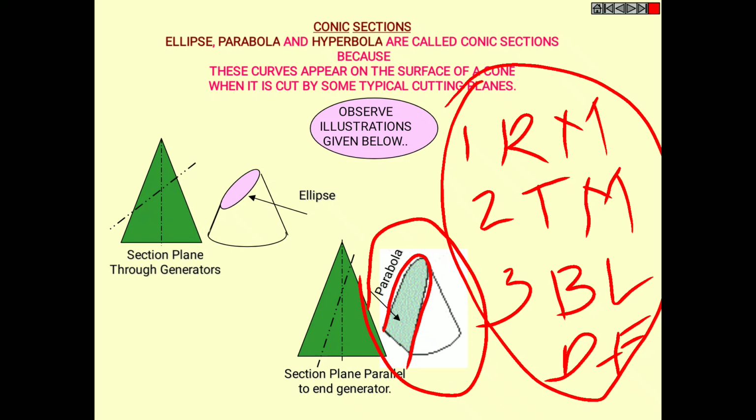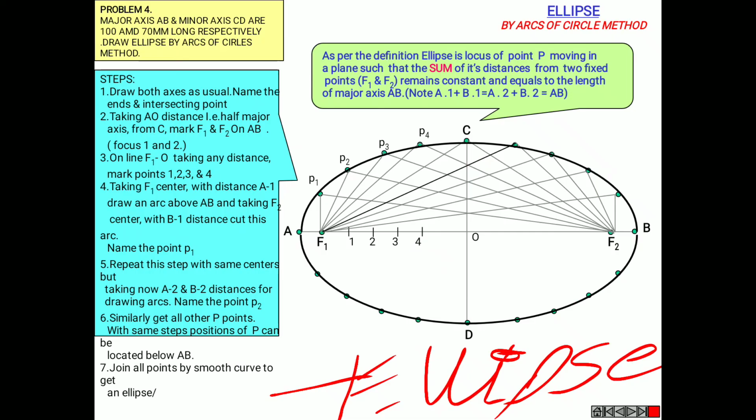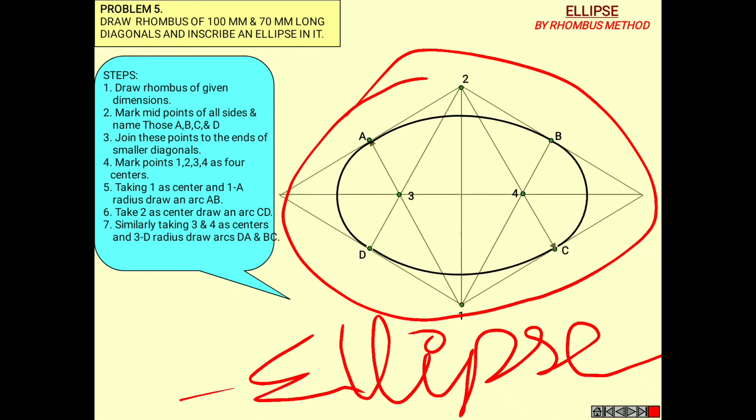So we'll see today's summary. We have seen the ellipse by arcs of circles method. I hope you have understood very well. We have also seen the ellipse by rhombus method.